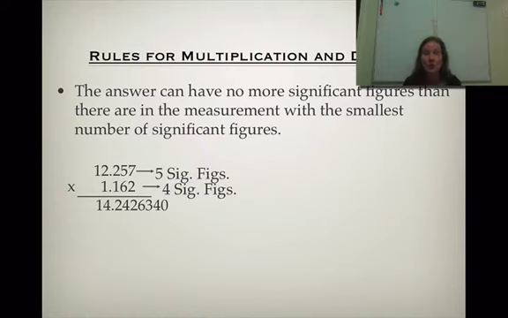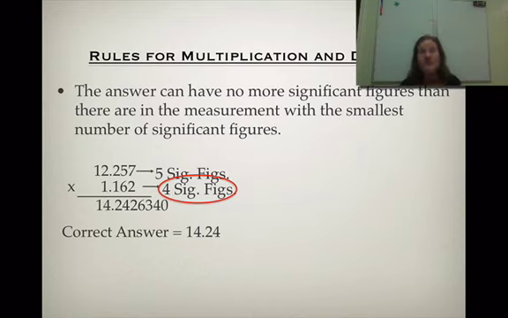You round your final answer based on the number you put in that has the least number of significant figures, which means in this case, you will round to 4. You round to 4, that 1, the 4, the 2, and the 4 are all significant, and that's where you round. It's all about counting in this one, not about location, just count.